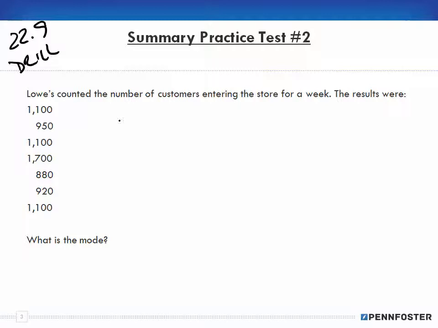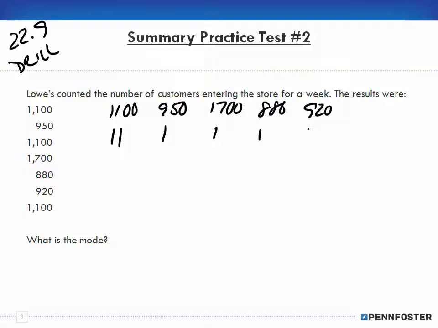And unlike the mean, which is the average, and the median, which is the middle point, the mode is the data point that happens the most number of times. Okay, so if I list out my data points, I have 1100, I have 950. So 1100 happens once, 950 happens once, 1100 happens a second time, 1700 happens once, 880 happens once, 920 happens once, and 1100 happens a third time.